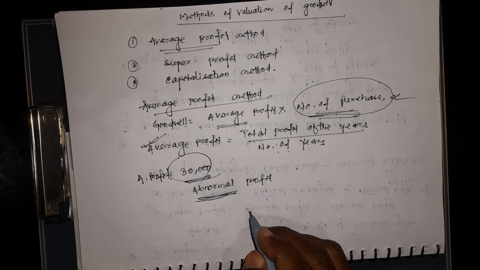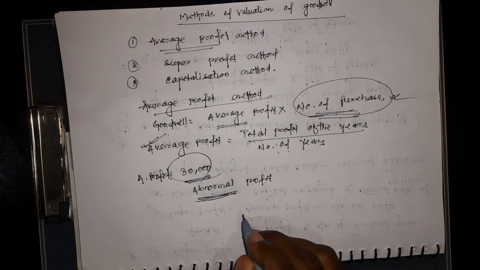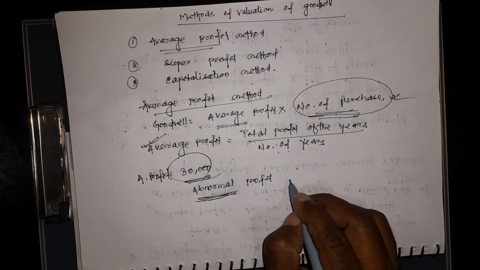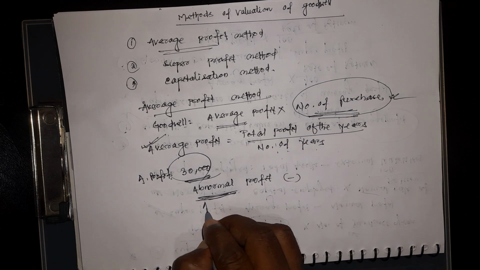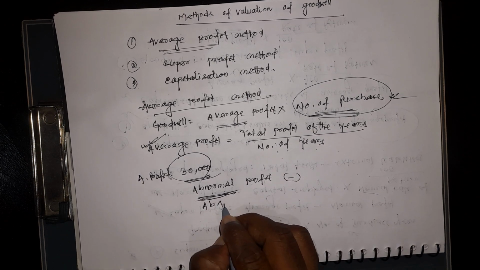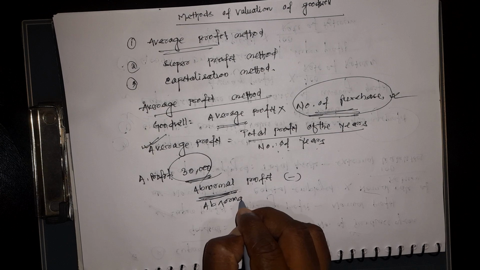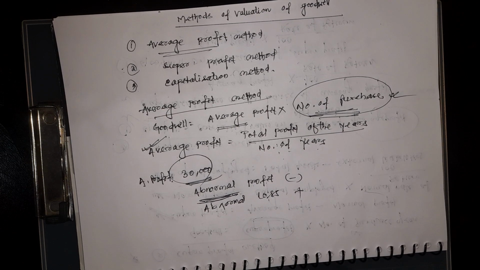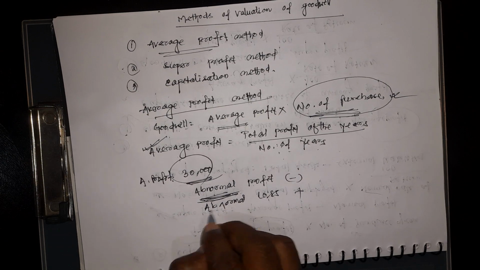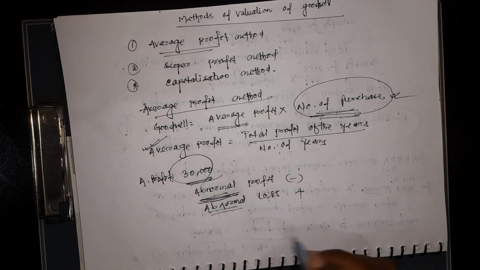Similarly, if abnormal loss is given in the question, we have to add it. You will remember one thing: abnormal profit you have to minus, and abnormal loss you have to plus. Clear? These are not related to the business, but this treatment already happened in the business.